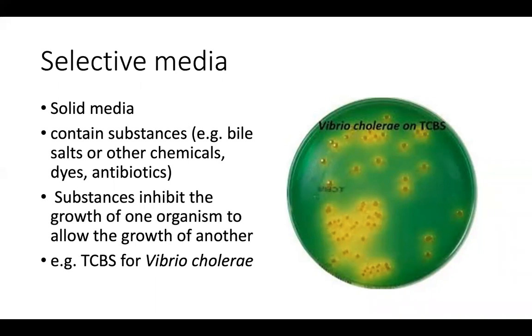These substances inhibit the growth of one organism to allow the growth of another organism. Again, it is also used when you're getting specimens from areas of the body that are very rich in normal flora, for example stool. Again, our example here is cholera. To the right is the medium referred to as TCBS. TCBS is a selective medium for the causative agent of cholera, which is Vibrio cholerae.